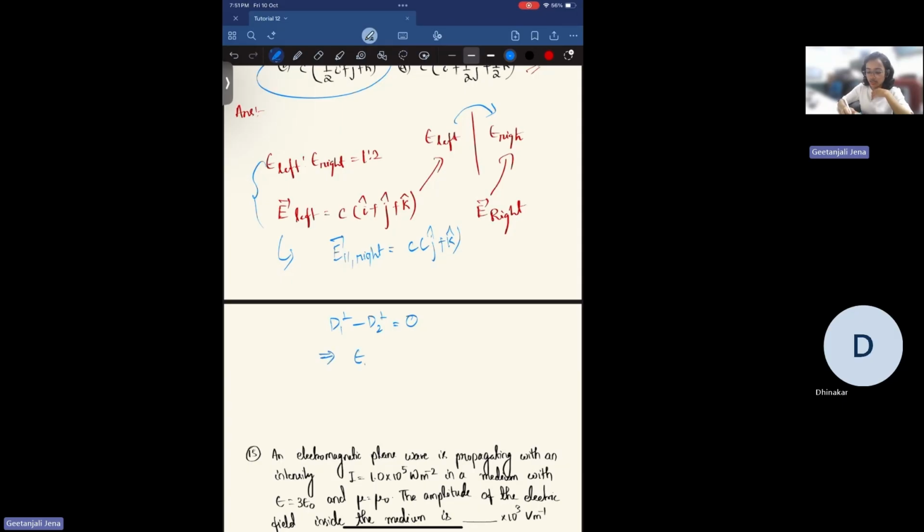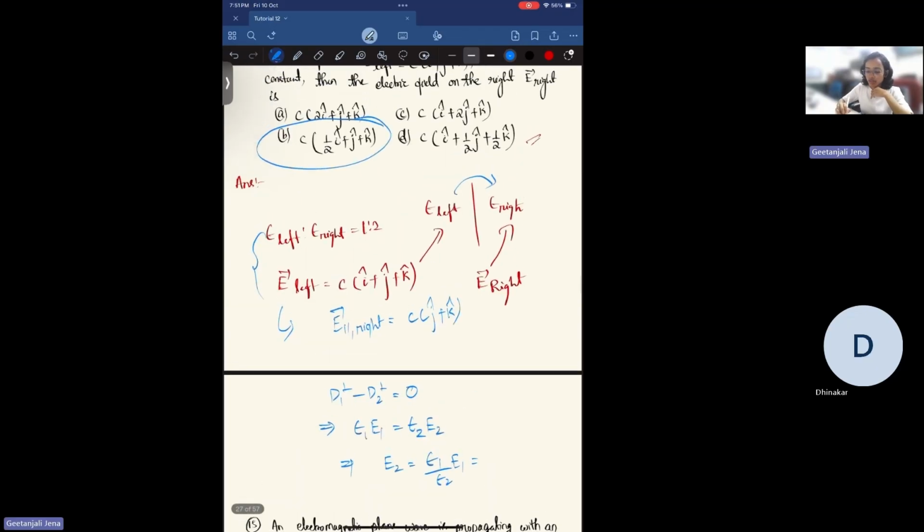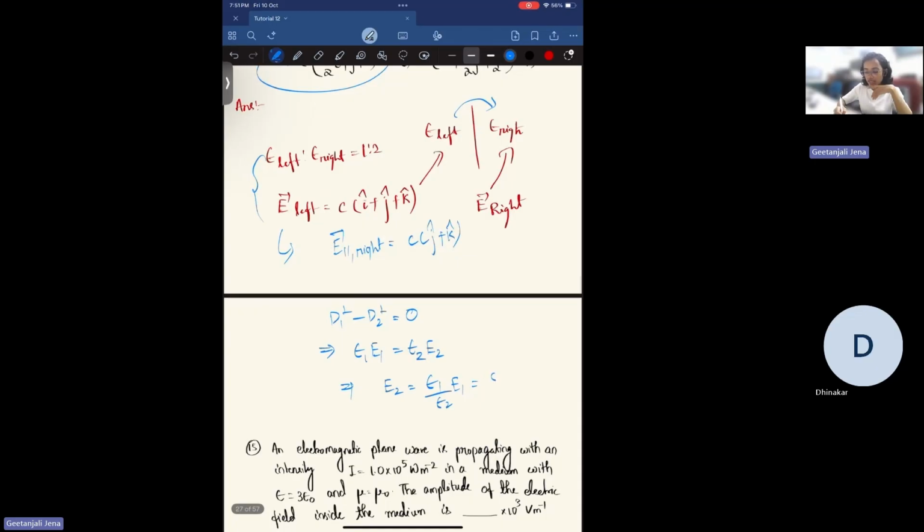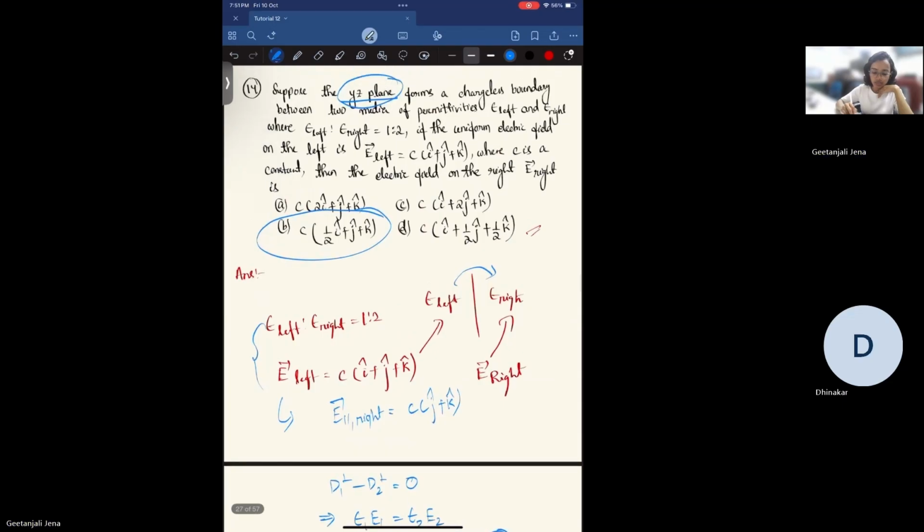So this is epsilon left E1 left, and epsilon right E2 right. This is perpendicular, so E2 will be E1 by E2, E1. And epsilon1 by epsilon2 is given 1 is to 2. So this is C by 2. Option B.